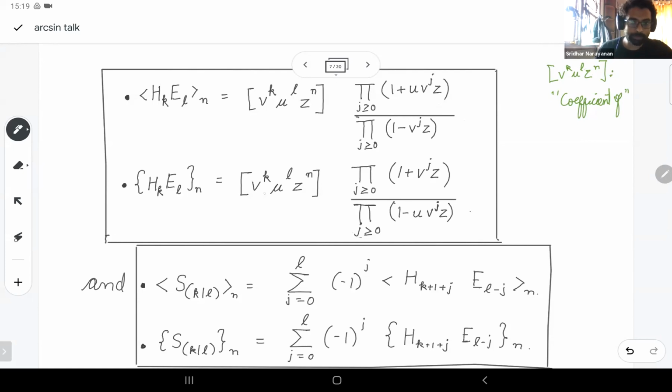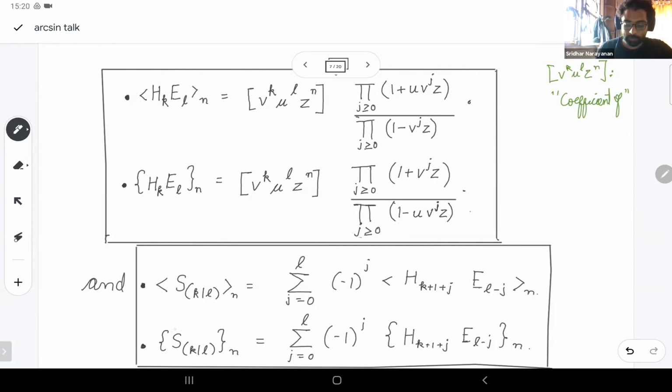This rectangular bracket around vk ulzn indicates the coefficient of. So the sign moment is the coefficient of vk ulzn in this generating function. And similarly, the moment is the coefficient of v raised to k, u raised to l, z raised to n in this generating function, the first one.